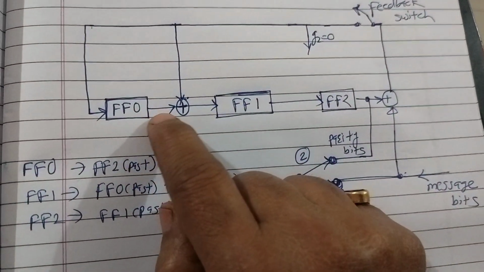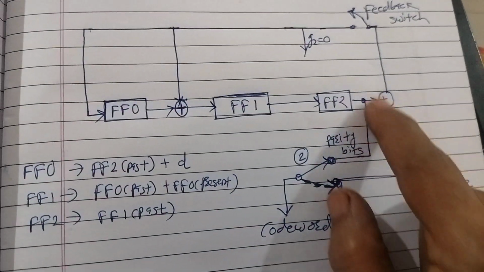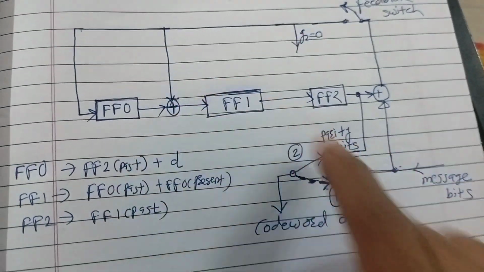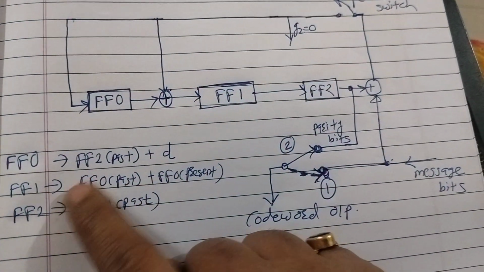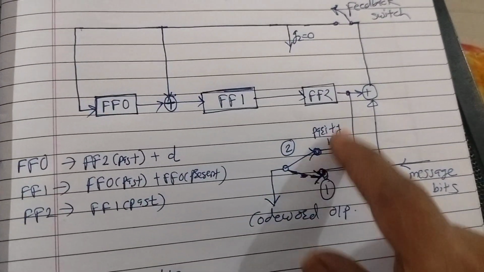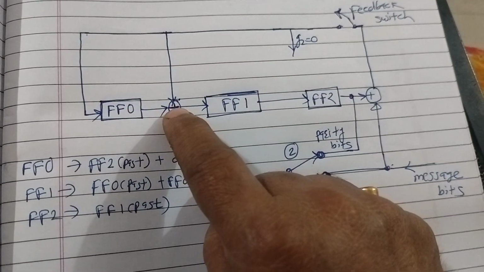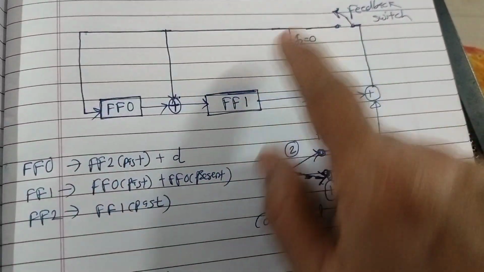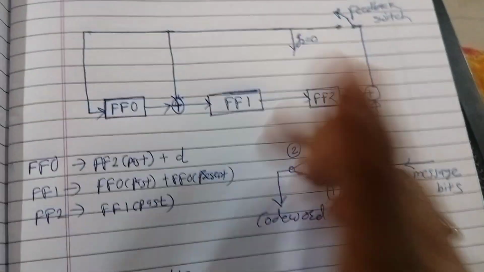Because flip flop 0 present is nothing but D plus flip flop 2 past, the message bit D plus flip flop 2 past. So this is flip flop 0 past, and this is nothing but flip flop 2 past plus D, that is nothing but flip flop 0 present. We can say it as present also.